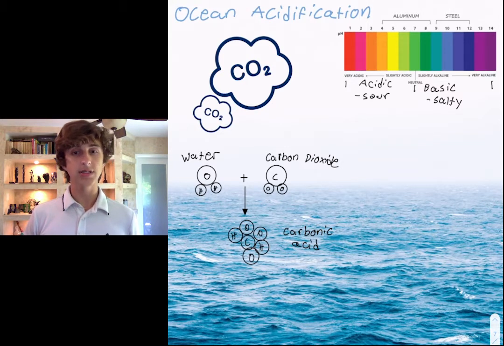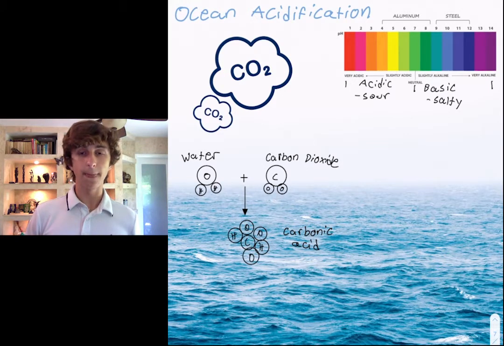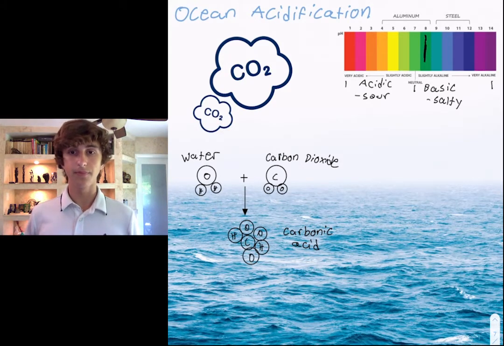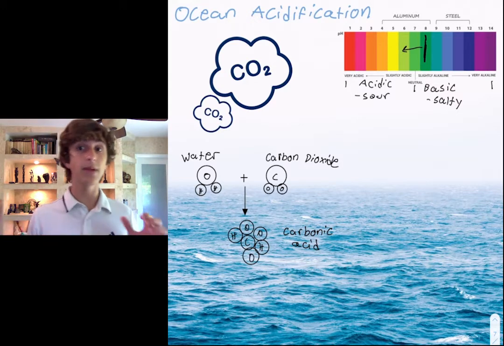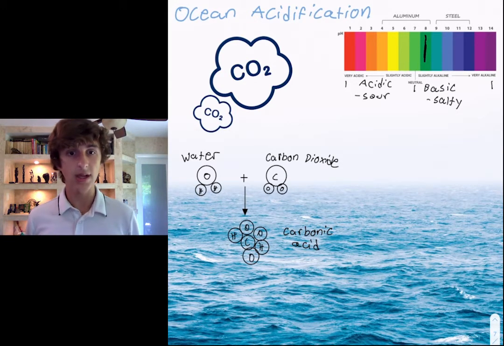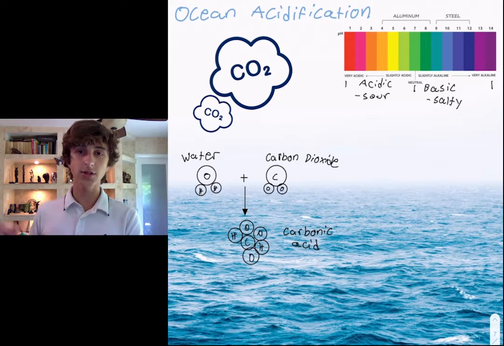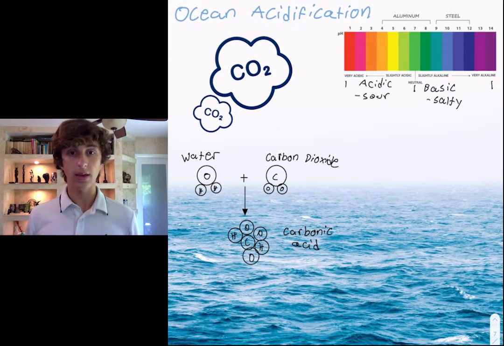And what happens is, as water mixes with excess amounts of carbon dioxide, it throws off the pH of the ocean by making it more acidic. And that's not good, because although it's not being pushed all the way to become an acid, it is becoming less basic.